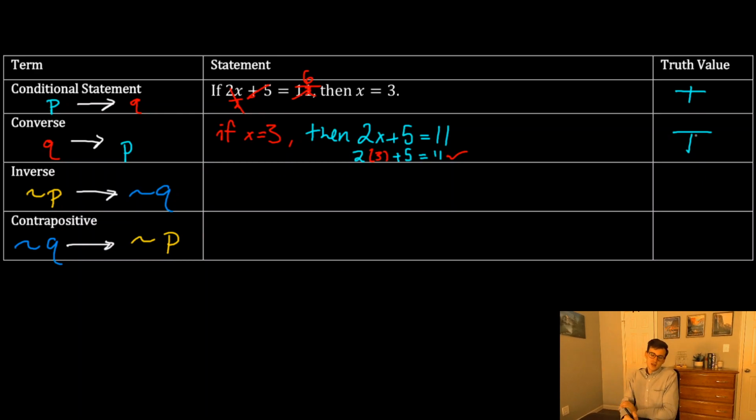Let's look at the inverse. Very, very interesting to me. So the inverse would be if 2x plus 5 is not 11, then x is not 3.